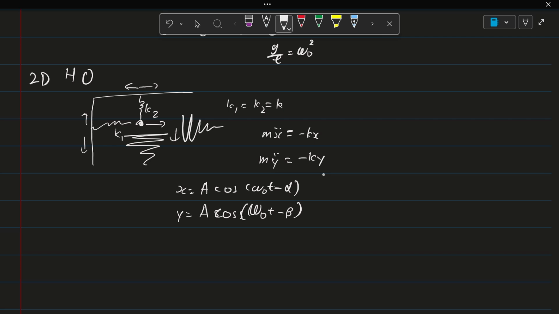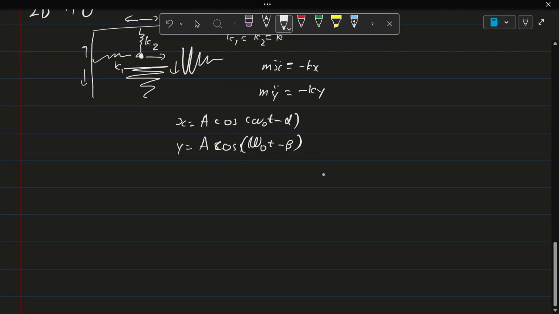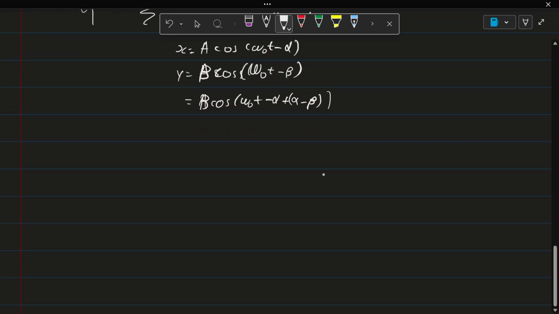So instead of writing the y like so, let's write that as cosine omega 0 t minus alpha plus alpha minus beta. And let's try to solve this. Oh, sorry, this should be b, because they could have two different amplitudes. So we have something like this, and we can probably expand this.